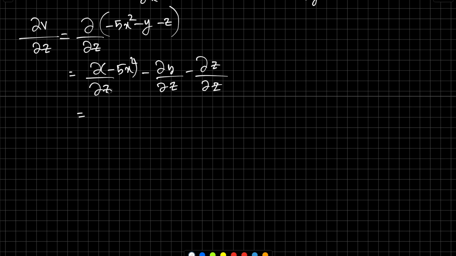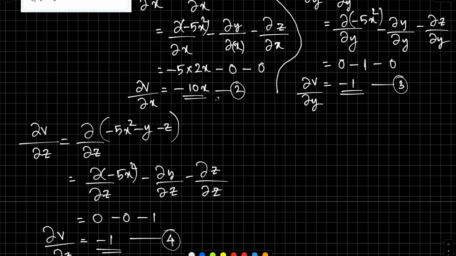We are differentiating with respect to z. The first term is 0 because there is no z to differentiate. The second term is also 0. The third term is 1. The answer is minus 1. That is ∂V/∂z. I'm calling this equation 4.